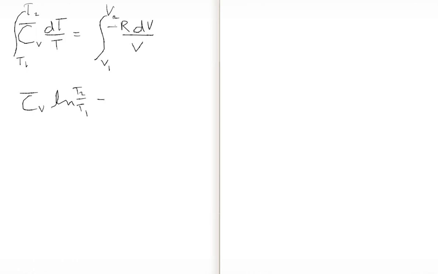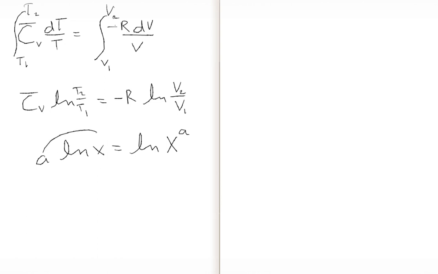And then we end up with the same thing on this side, negative R times the logarithm of the volume ratios. All right, we can simplify this quite a bit if we just remember the trick that if we have something times a logarithm, that's equal to the logarithm of that original argument to the power of the constant. Basically we can bring this right there. Okay, it's just a property of logarithms.